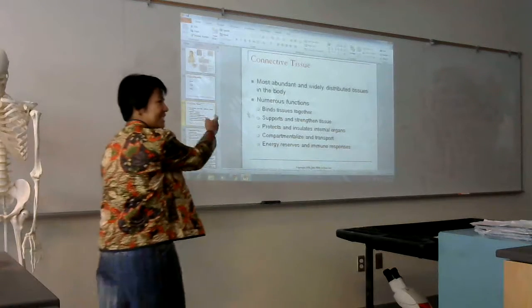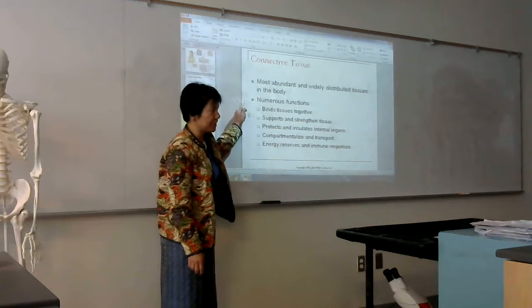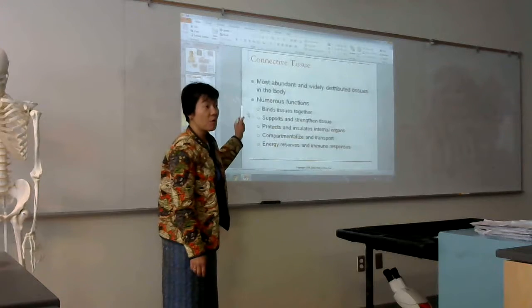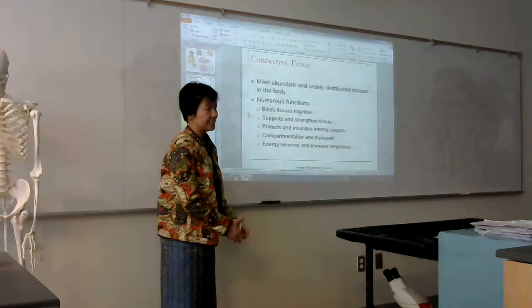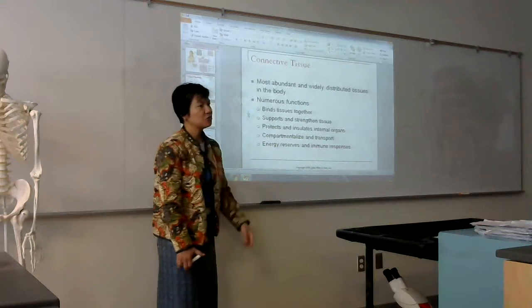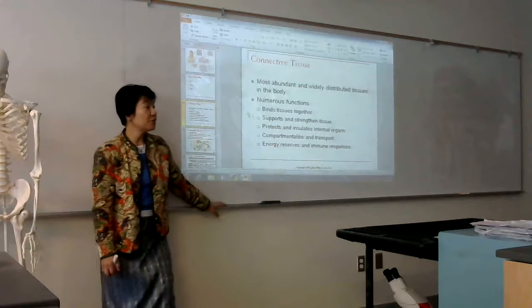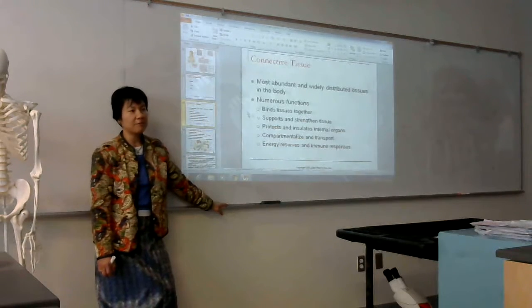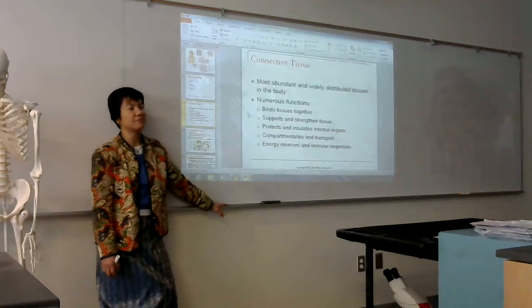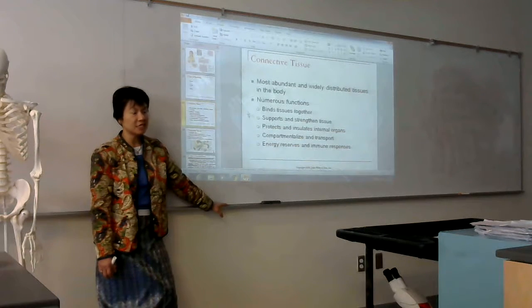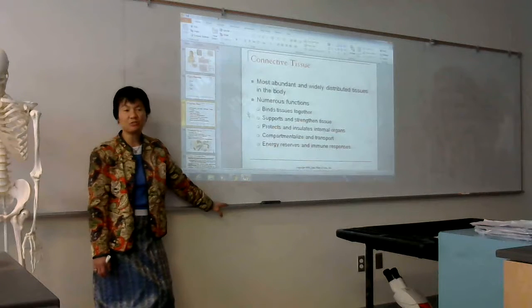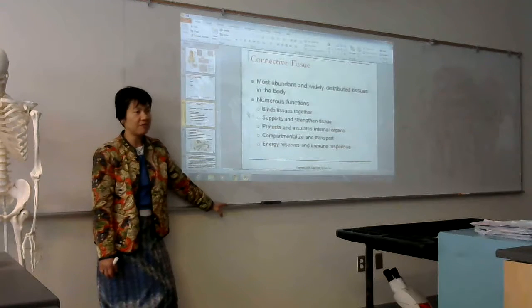Next, basic tissue type, connective tissue. This is the most abundant basic tissue type. So don't forget. Of course, if you don't know your anatomy, you're going to have a problem answering that set of questions in the final exam. There will always be a section where you will be asked to give the basic tissue type of the following.